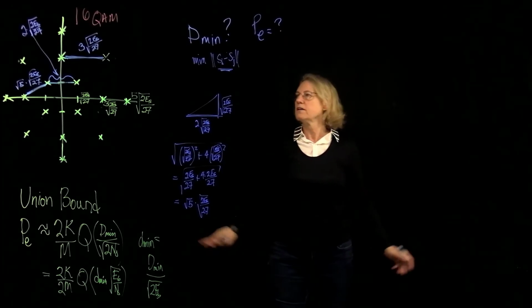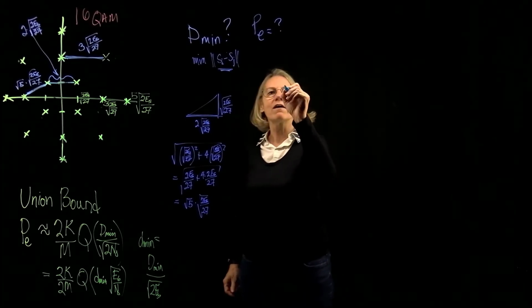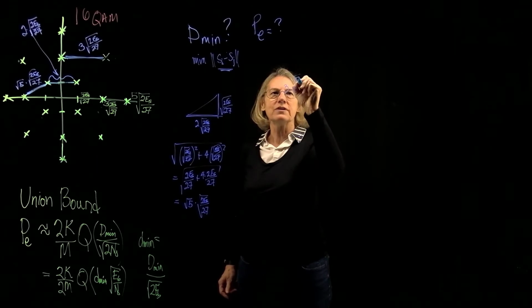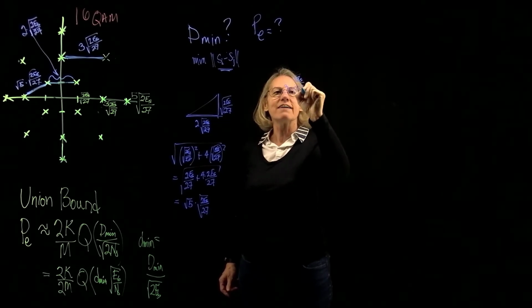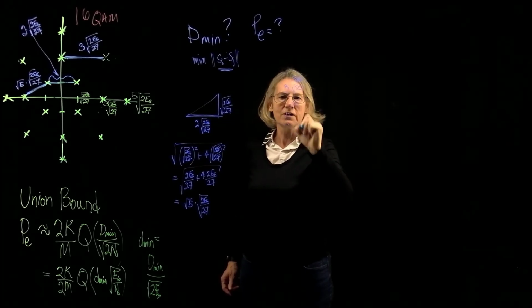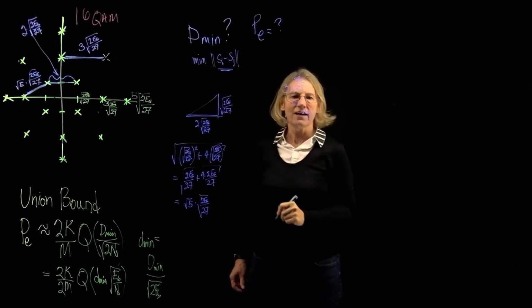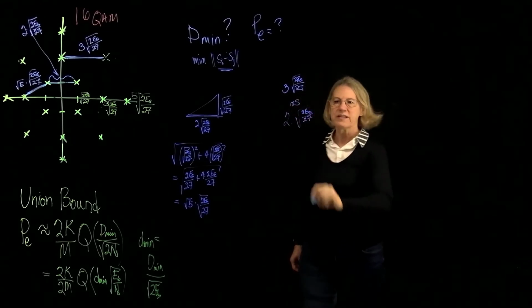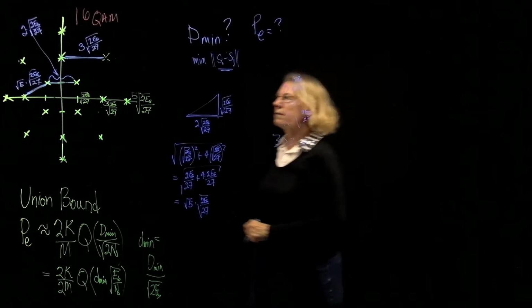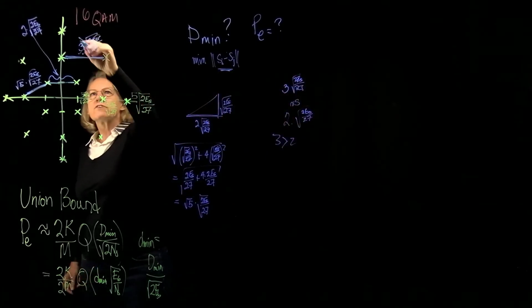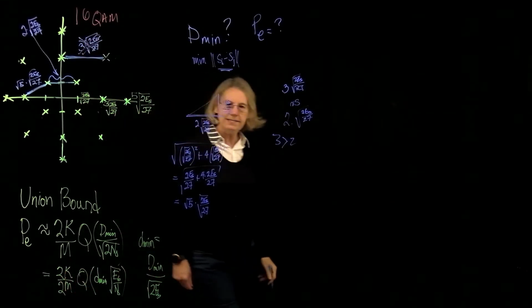the minimum length. So first thing I do is I compare 3 square root of 2ES over 27 versus 2. Well, clearly 3 is greater than 2, so I'm not going to consider this. This for sure is not the minimum distance.